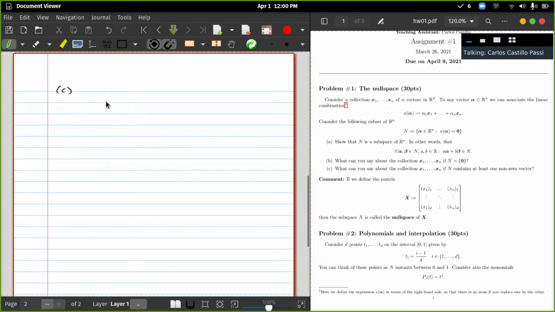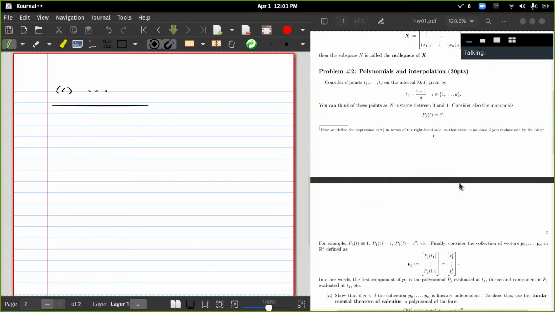What can you say about the collection? If in the last question the answer was linearly independent, in this one it is the opposite. So you can guess the answer, right? But what you said in the chat is correct. That's the solution.